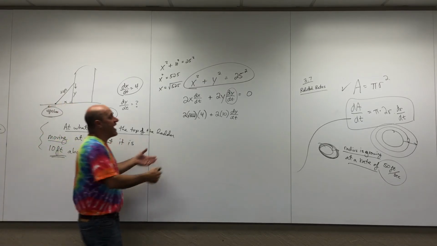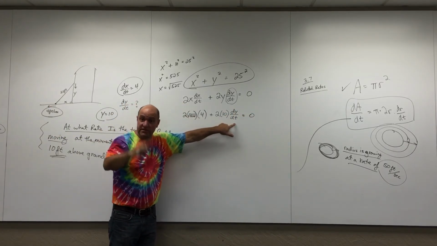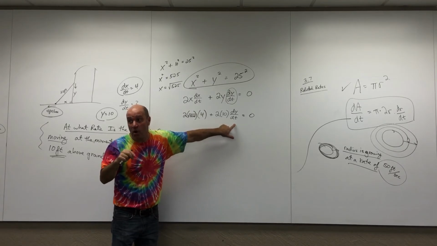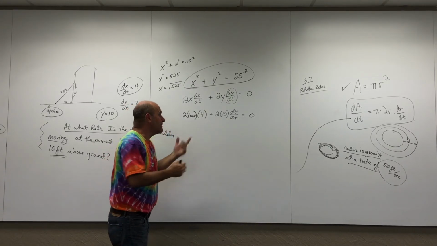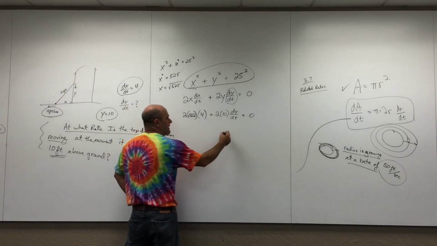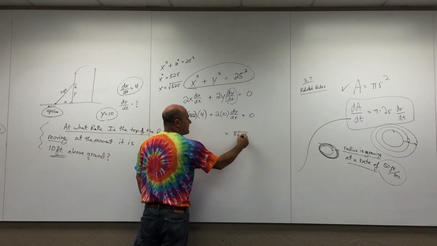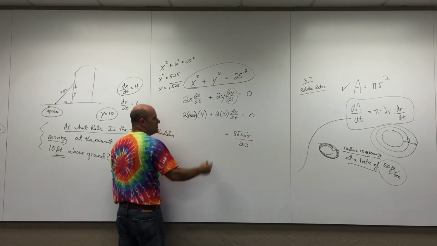Anyway, now I can find dy/dt, which is the rate at which I'm falling at this moment. Let's do it. What do I do? Move these numbers over? That would be 8 square roots of 525 all over 20. Did I just lose you guys?